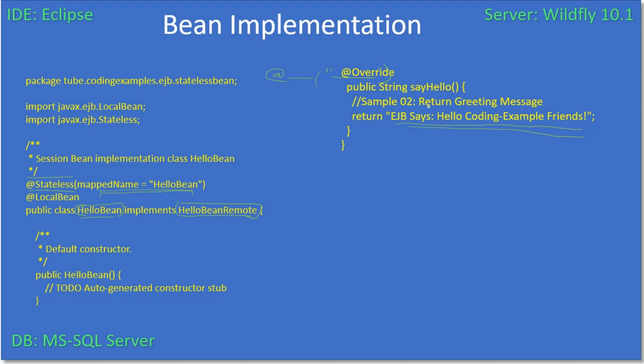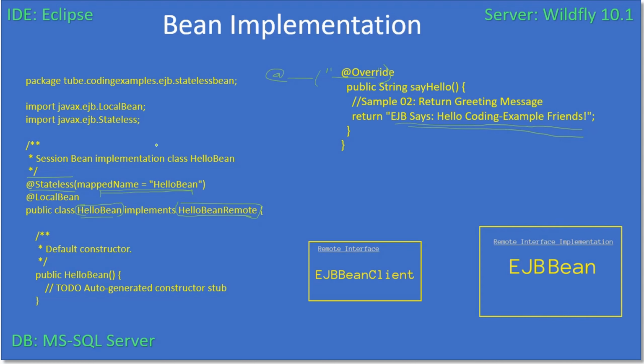Now we have a remote interface, which is defined in the EJB Bean client project. Then Hello Bean implements this Hello Bean remote, and this Hello Bean is defined here. So Hello Bean remote is here. This is a different project, right? We created 4 projects, right?